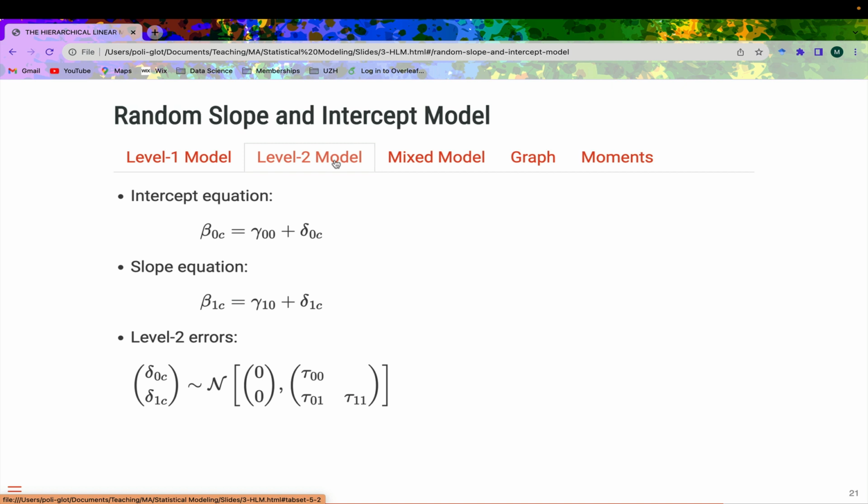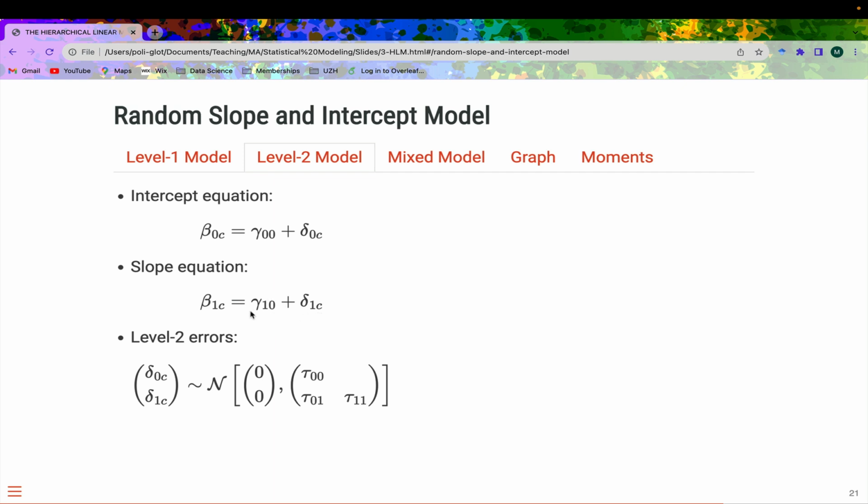We did not have a slope equation before because we did not actually have a random effect for political efficacy before, but now we do. So we write an analogous equation here for beta 1c. Beta 1c equals gamma 10 plus delta 1c.